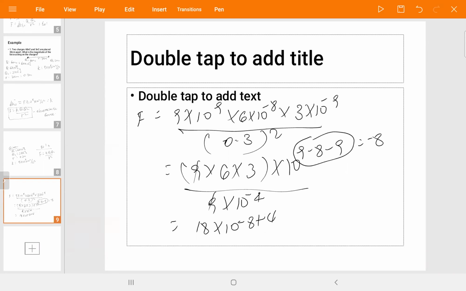When a negative exponent is taken to the numerator, it becomes positive. Then finally, we are left with 18 times 10 raised to minus 4 Newton, which is the force that exists between the two charges.